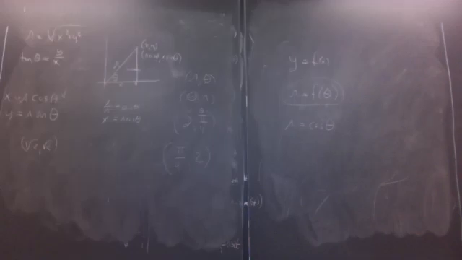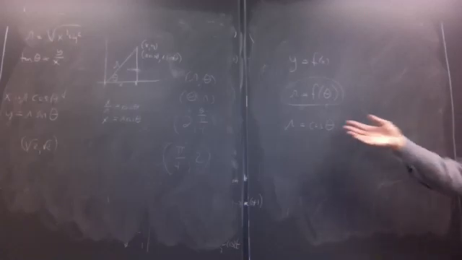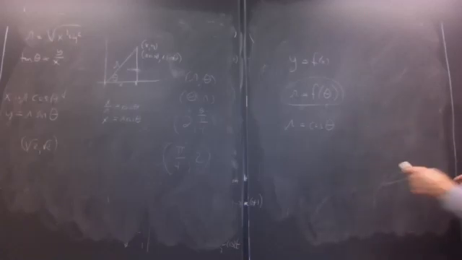Well, now we're back to plotting points, because we haven't yet developed any techniques for maxima, minima, increasing, decreasing, all that stuff you do in Calc 1 with functions. Ain't got it. All we got is a formula relating the two. So what you have to do is plot points.